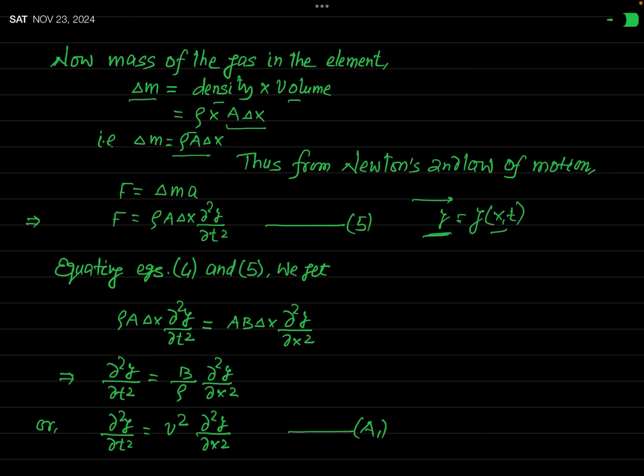It is also a function of x. So I have taken the partial derivative, del 2y by del t square. So finally, applying Newton's second law of motion, we obtain the net force acting on this element, given by rho times A times delta x times del 2y by del t square.